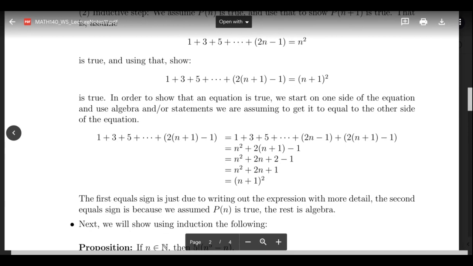Then what's the representation of the (n plus 1)th odd natural number? 2 times (n plus 1) minus 1. What about the next one, n plus 2? The next one would be 2 times (n plus 2) minus 1, and then 2 times (n plus 3) minus 1, so on and so forth. So this is just a representation.